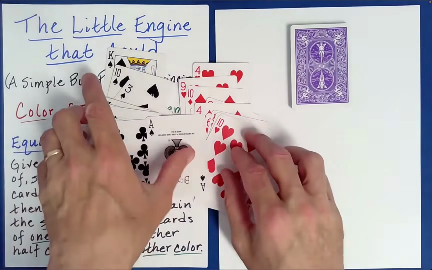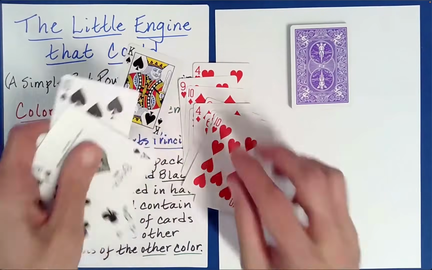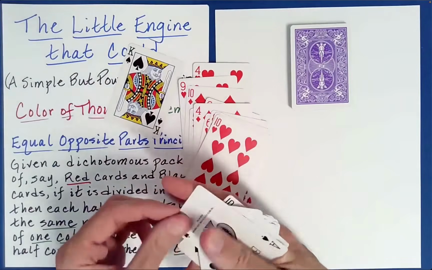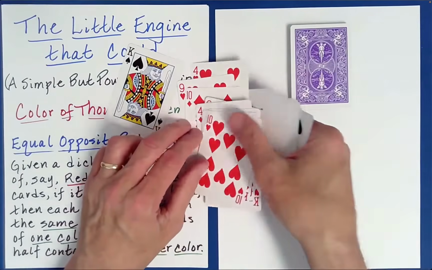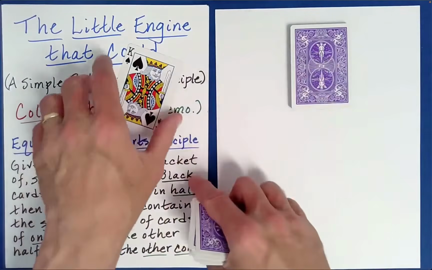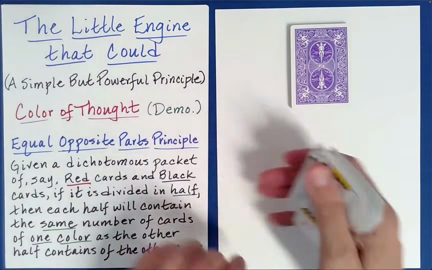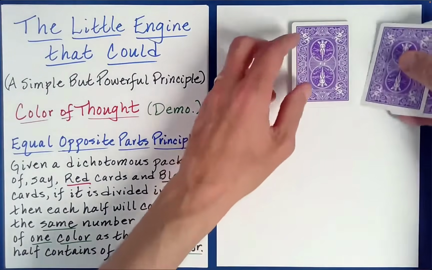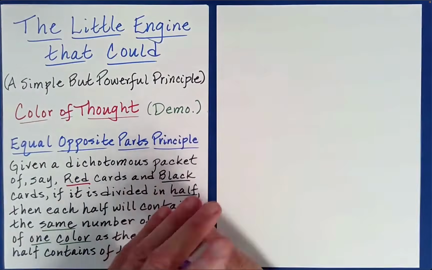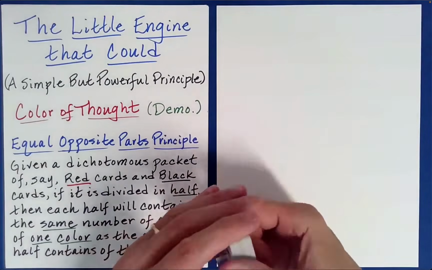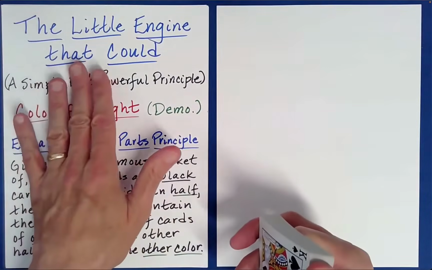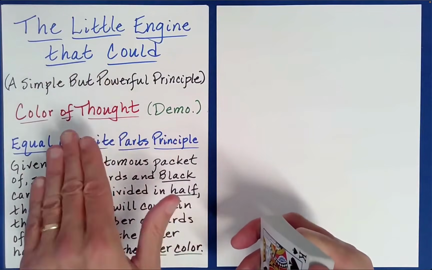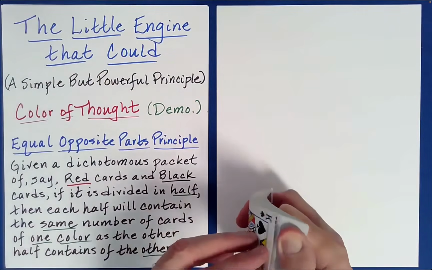So that is called the color of thought. It may come in many different names for all I know, but that is one name that I've come across for this little effect. It is based on, as I mentioned, a little principle that carries quite a punch.